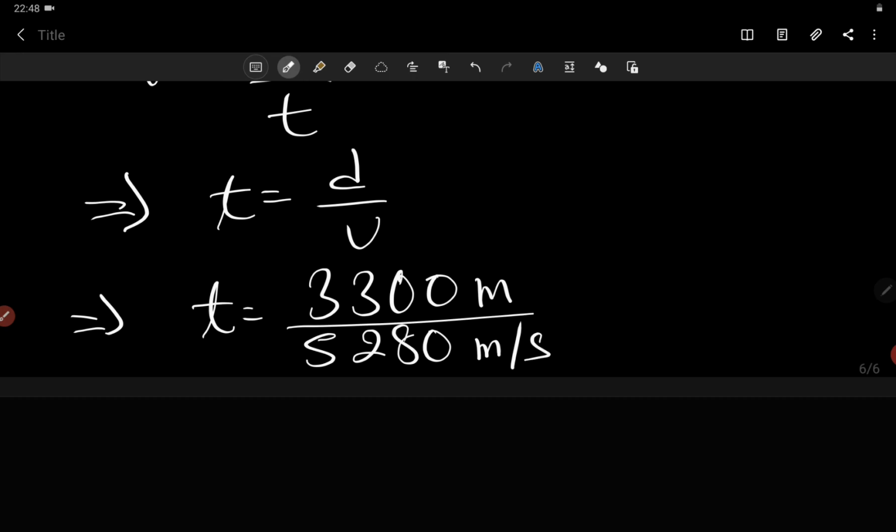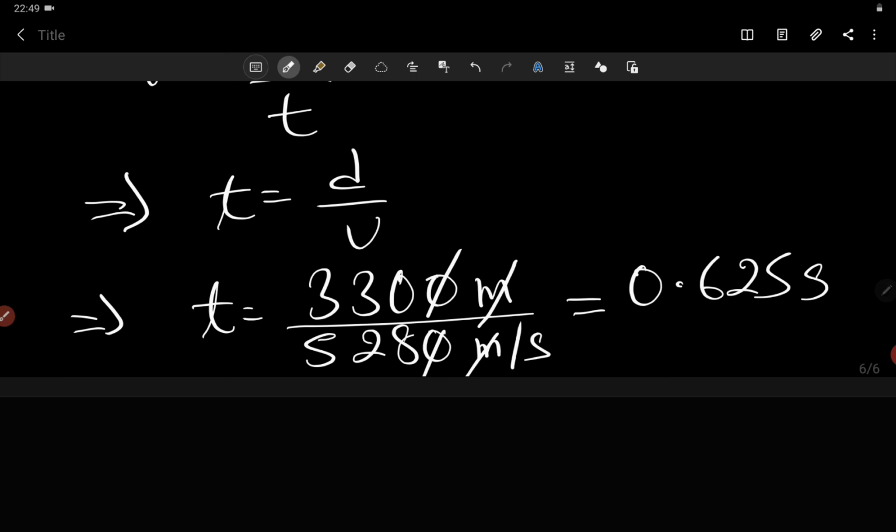I hope you are understanding this. Meter and meter get cancelled, 0 and 0 get cancelled. Please do the cancellation in rough. After cancelling we should get 0.625 seconds as our answer. So I hope you have understood number 10a.